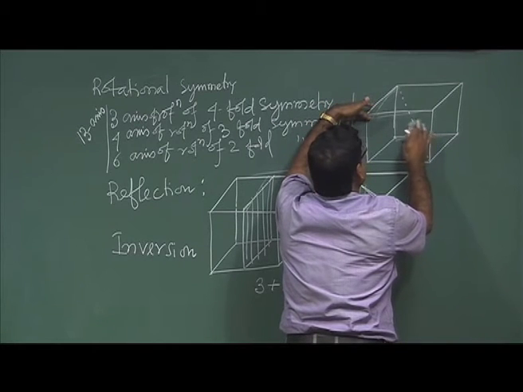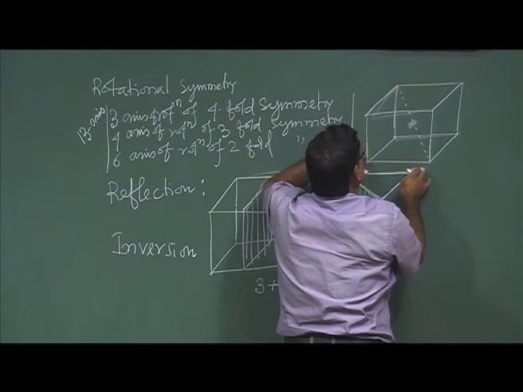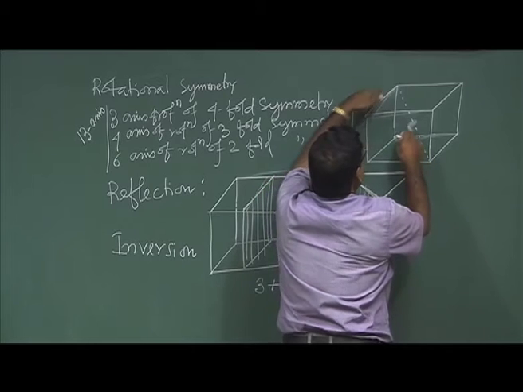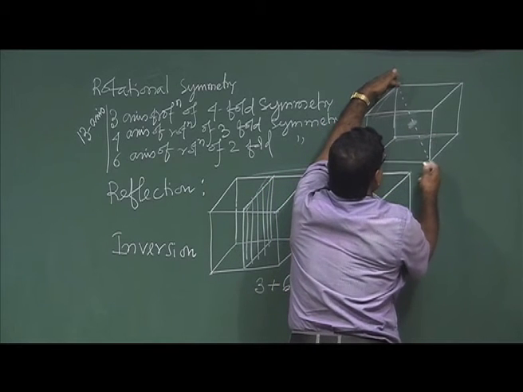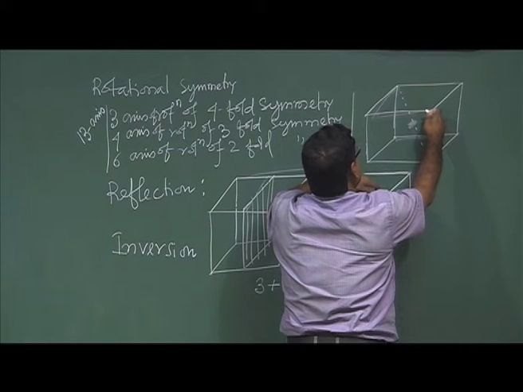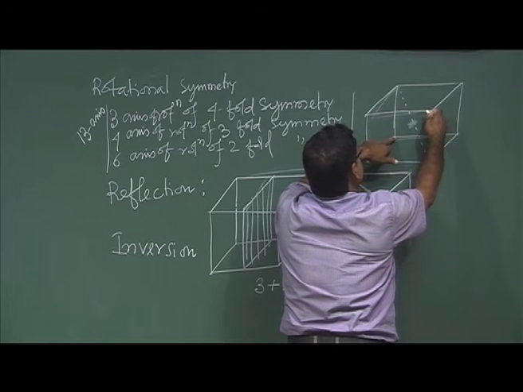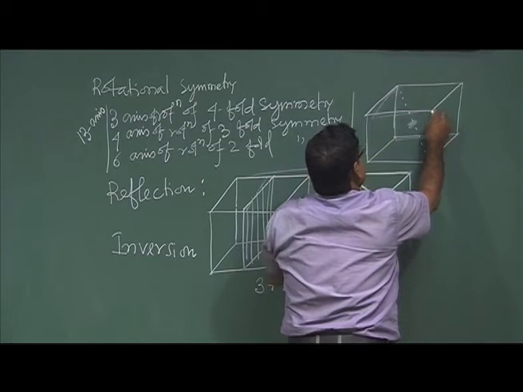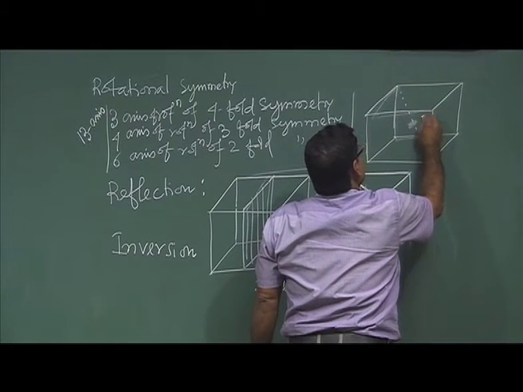One has to find the symmetric point, which is this, and if I take this, the opposite is this one, basically the body diagonal.